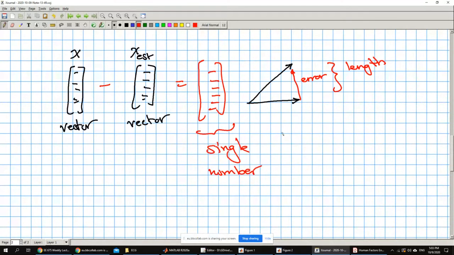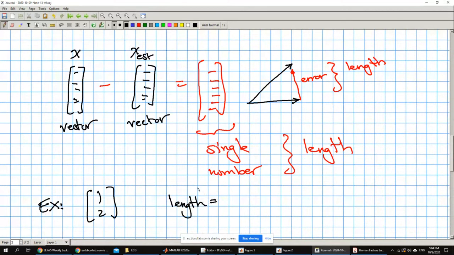And the best way to do that is just get the length. How do you get the length of a vector? Do you remember? If you have a vector, for example, if you have 1 and 2, this is a vector. How can we get the length of this? Using Pythagoras.